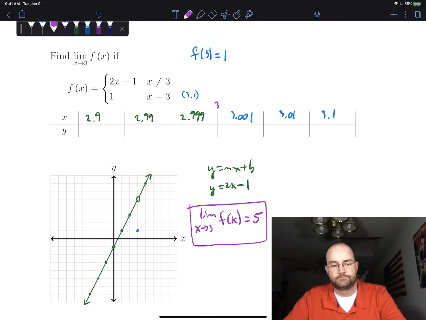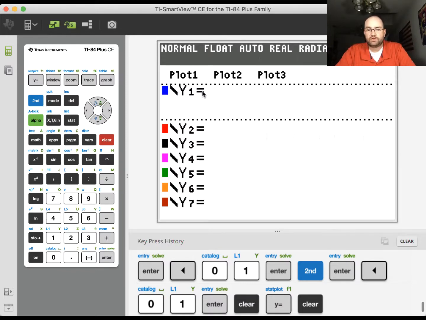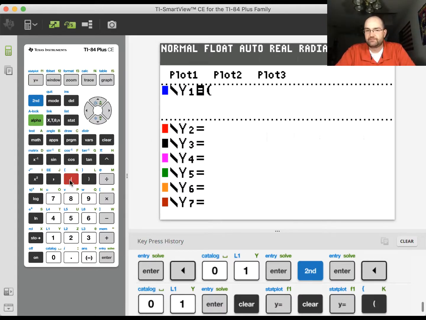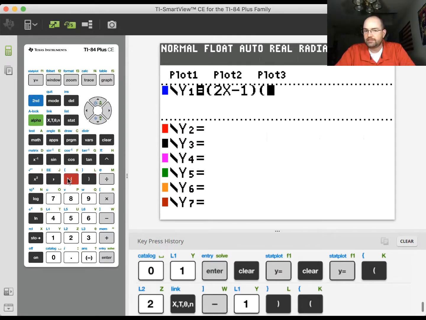Okay, welcome to the calculator. Let's go into y equals here. Let's type this in. For this piecewise defined function, the first definition was 2x minus 1. So 2x minus 1, and be careful, don't do the negative 1, just minus 1. Close parentheses. Open a new parentheses, and let's type in that condition.